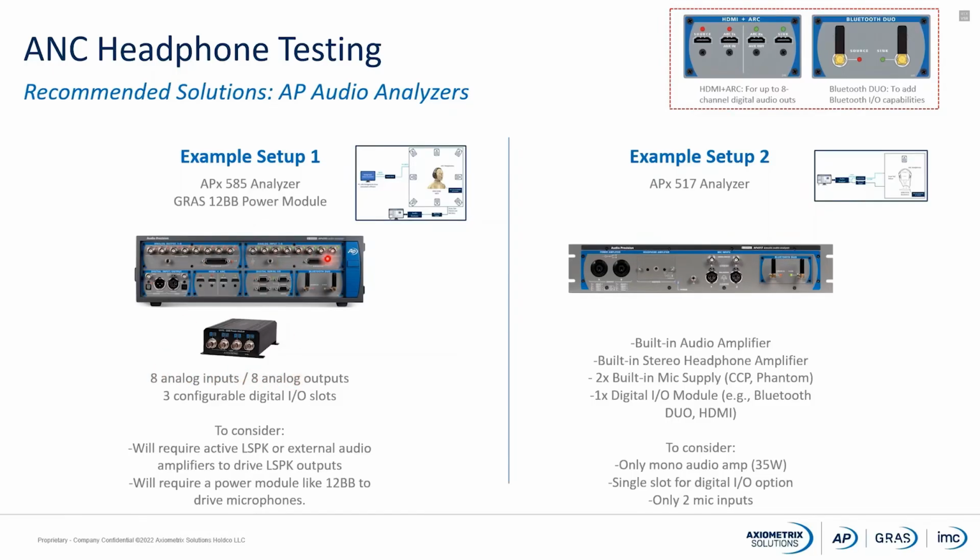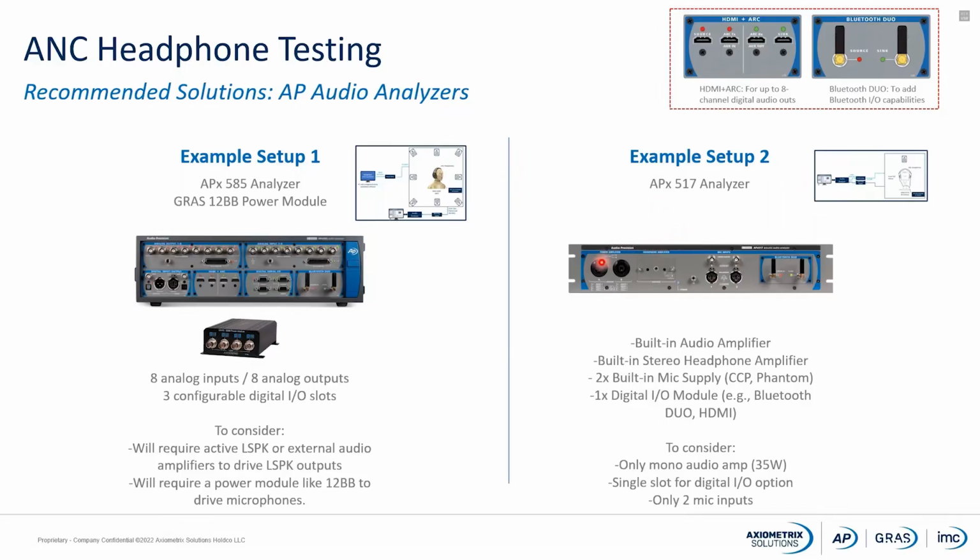The 8 analog outputs can be used to feed the loudspeakers together with an audio amplifier or amplified loudspeakers. And then in this case, we'll require a small power module to get the signals from the ear simulators, as the APX585 doesn't have microphone inputs. On the other side, for a more simplistic setup, we can use the APX517.